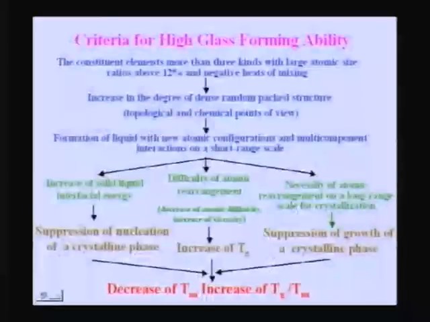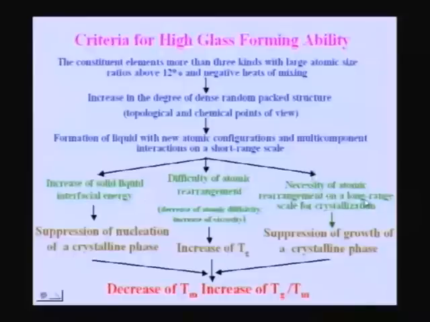So as a result, that is one. And similarly, in case of crystallization, you have a necessity for atomic rearrangement on a long scale. You need long range atomic arrangement for crystallization, and that is more difficult with low diffusivity, because of which you can suppress the growth of a crystal.